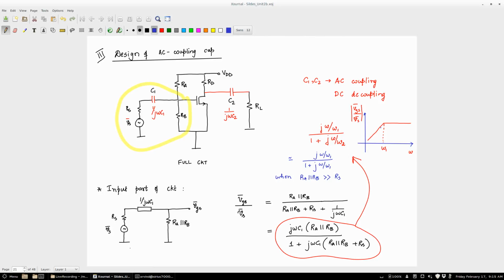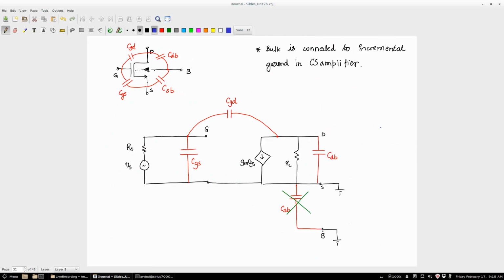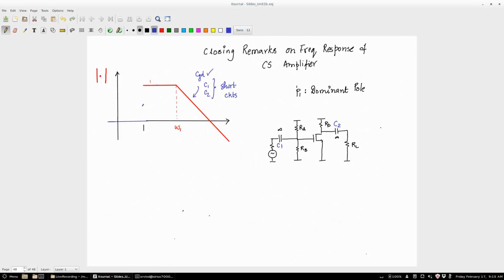Now I am saying that to complete the story, we should also appreciate that at lower frequency there is actually a high pass response because of the AC coupling capacitors, and that we had seen many classes ago, right? So we are not going to do the analysis including that, but you should keep that in mind. Is that clearer to people? Think about that. This high pass response has to be attached to the low pass response that we are seeing.